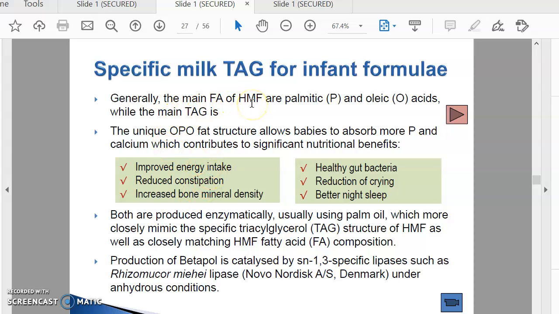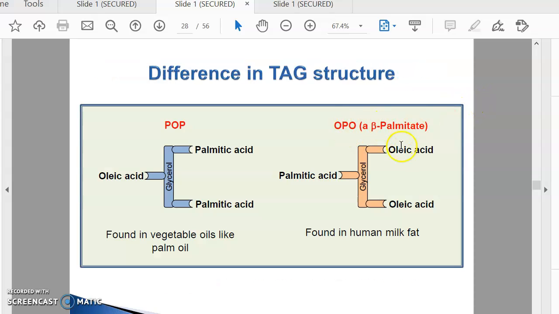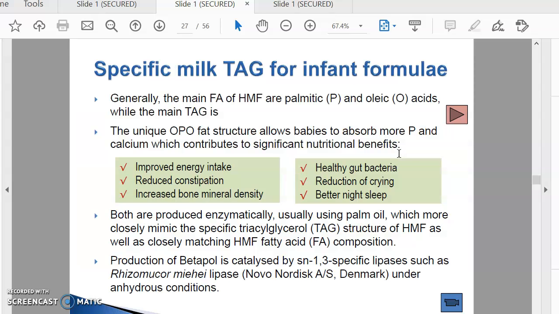Generally, the main fatty acids of human milk fat substitute are palmitic and oleic acid, while the main TAG is OPO, alpha beta palmitate. The unique OPO fat structure allows the baby to absorb more palmitic acid and also calcium, which contributes to a significant nutritional benefit.